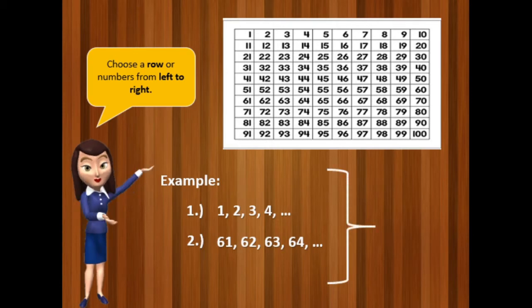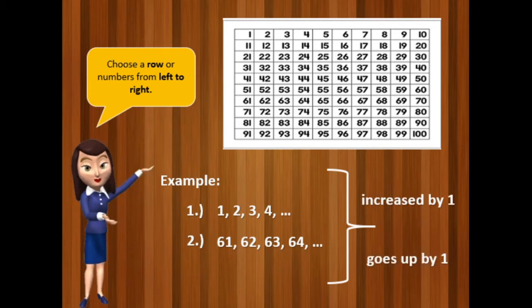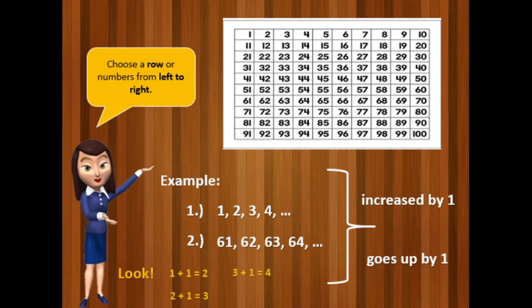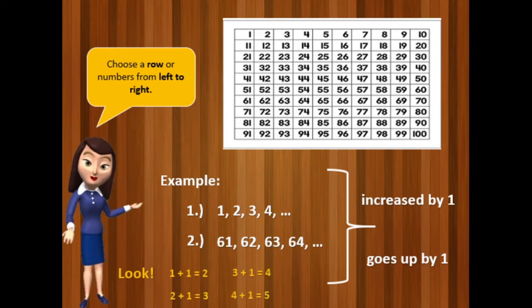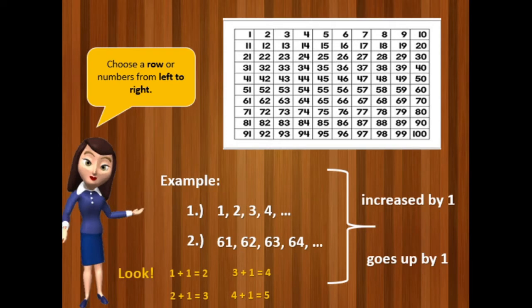If you look at their pattern, they all increase by 1, or go up by 1. Look, it's 1 plus 1 is 2, 2 plus 1 is 3, 3 plus 1 is 4, 4 plus 1 is 5. Numbers going to the right are increased by 1.